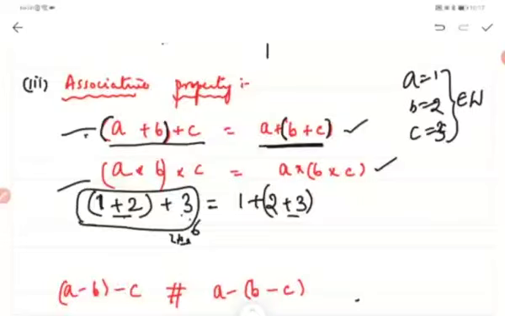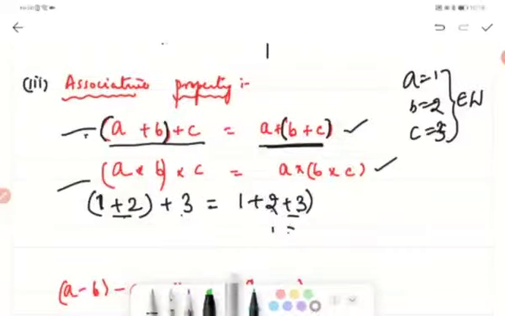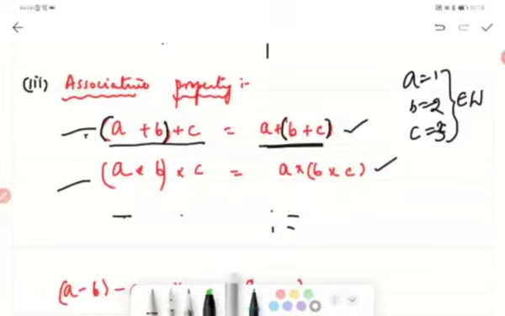On the right hand side, you will simplify the numbers which are in the bracket. So 3 plus 2 is 5, 5 plus 1, again here it is 6. So on the right hand side, you have got the same number as on the left hand side. Now go for multiplication by taking the same numbers.